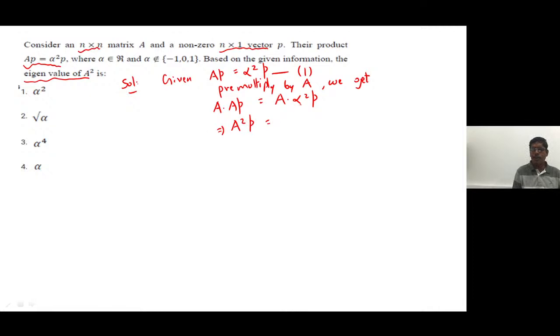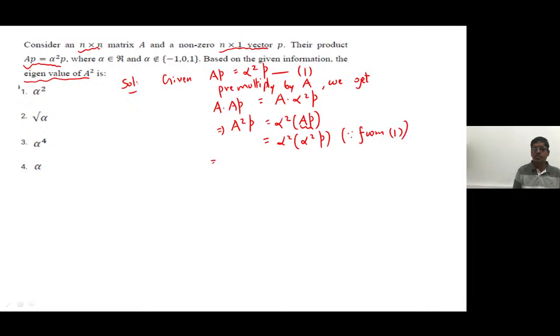Alpha square is a number. If a number is in the last or middle, you can take it out and write it in the first position, that is, alpha square, a number, into the remaining matrices. A is an n cross n square matrix, and P is a column vector. So I can write this AP from equation 1 as alpha square P. This is equal to alpha square into alpha square times P, since from equation 1.